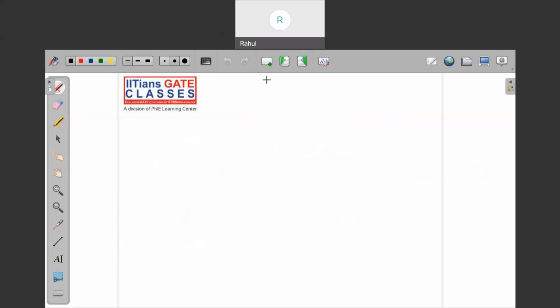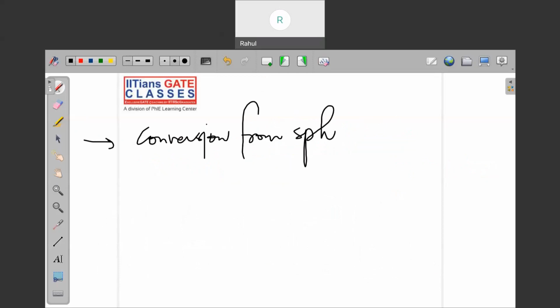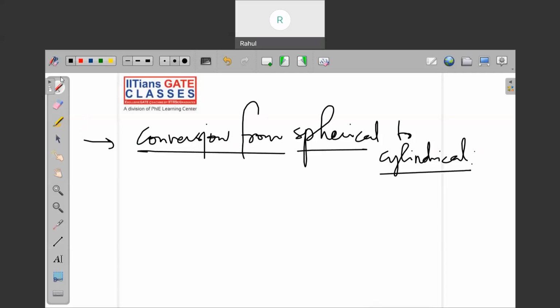So this is what I wanted to discuss, and you can remember also the conversion from spherical to cylindrical. These are very important concepts.